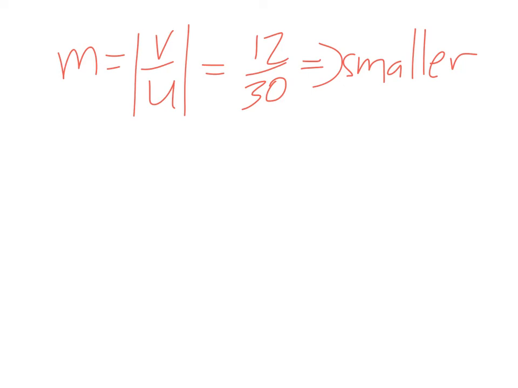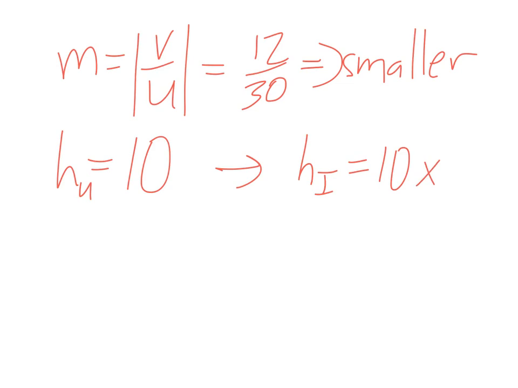So if the original height is 10 centimeters, that's the height of the object, then the height of the image will be 10 times 12 over 20, which is 6 centimeters. Smaller than the original 10 centimeters.